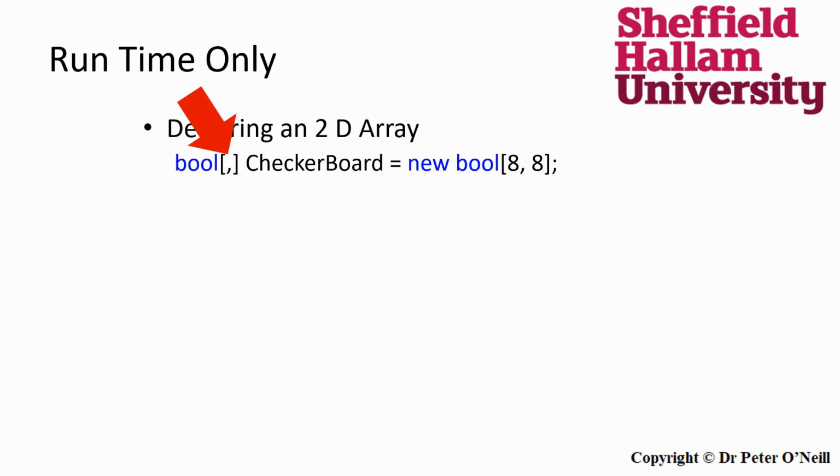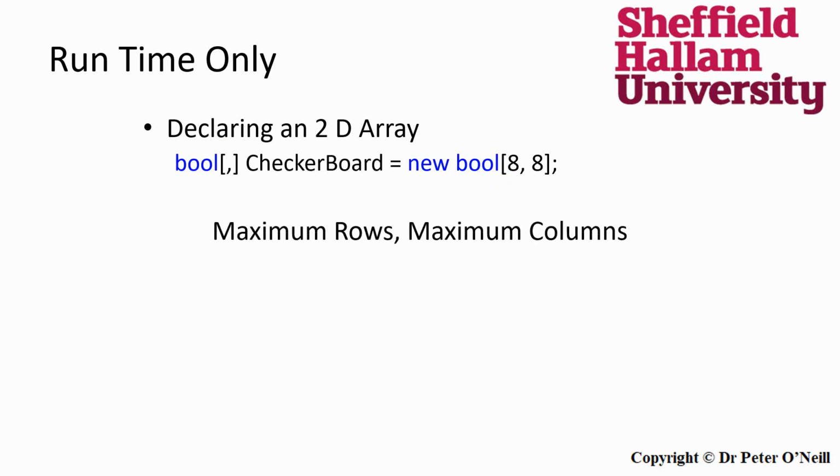Had there been no comma there, then the machine would assume only one number would be entered, which is a one-dimensional array. And this is the size of our array. Okay? So the maximum rows and the maximum columns, I always look at them that way.